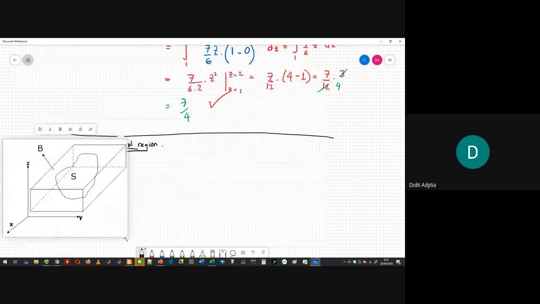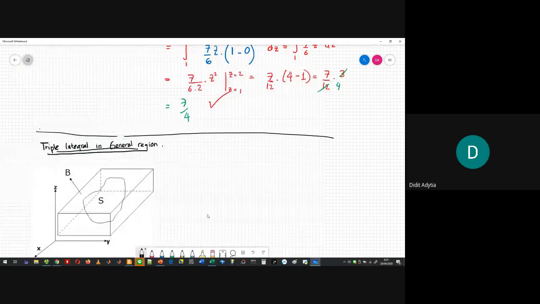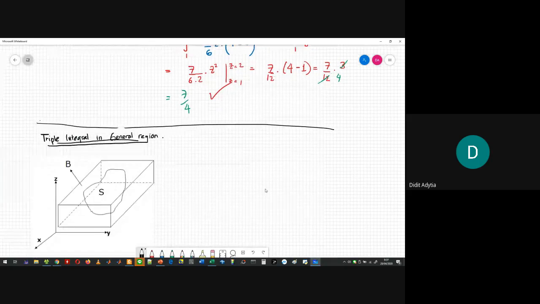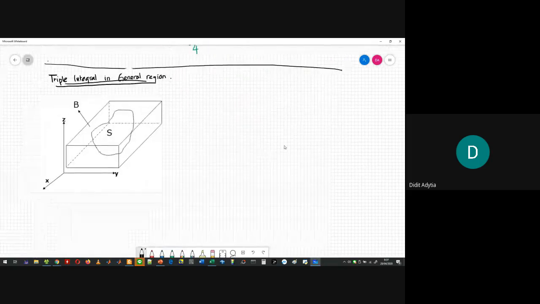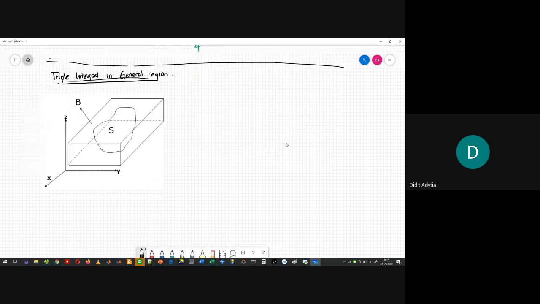Okay, so this one is the region, okay. For example, this is a B. The B is the region. So how can we calculate it? So calculate the integral over S now.